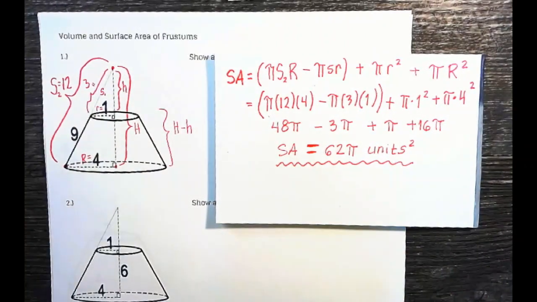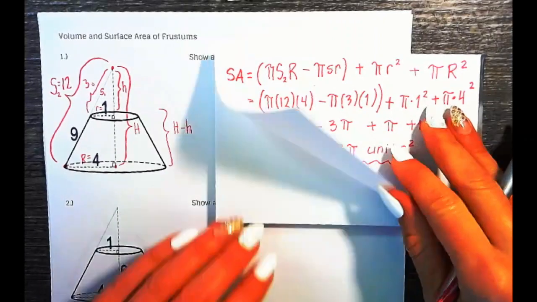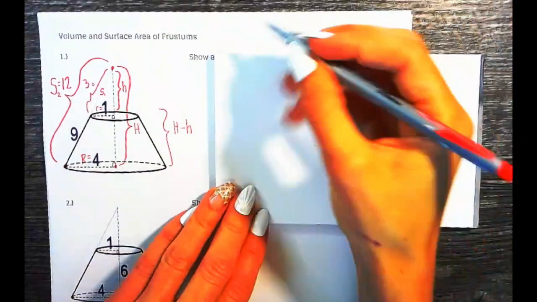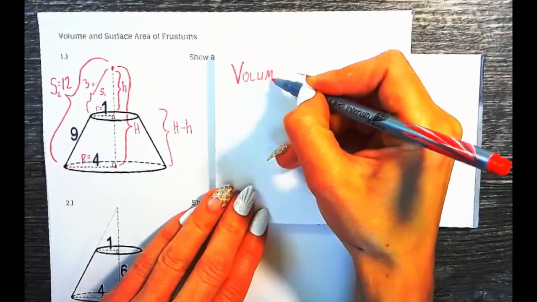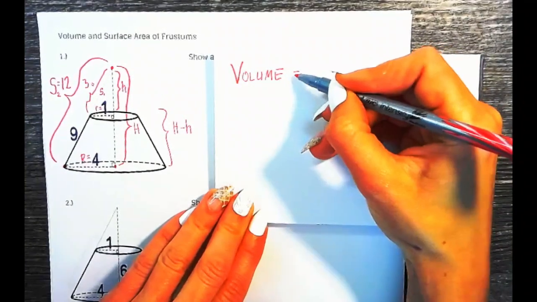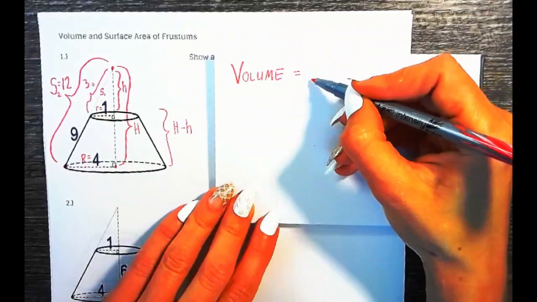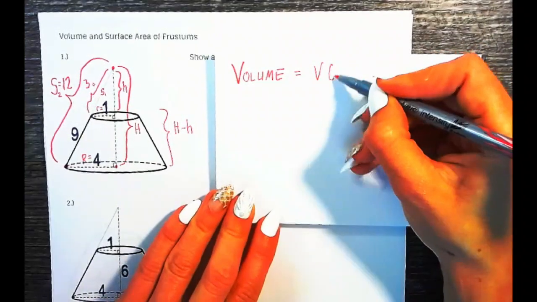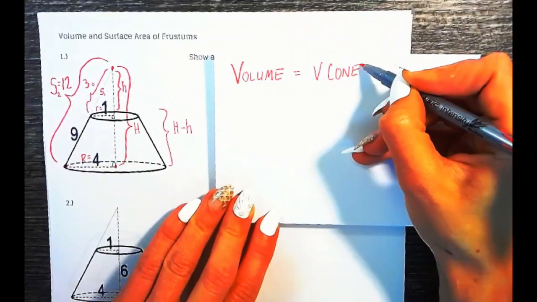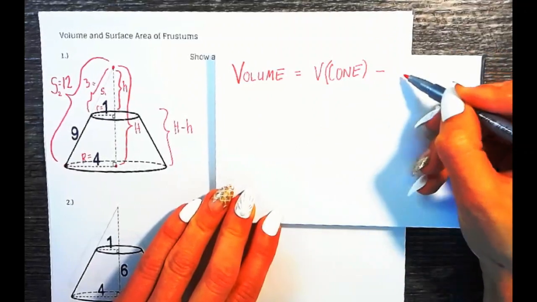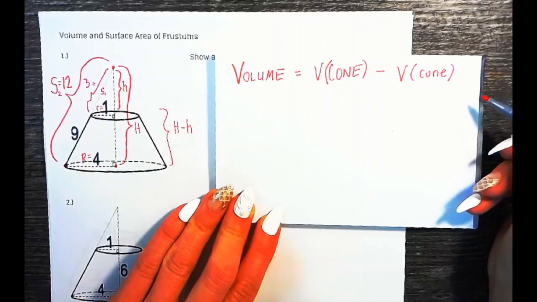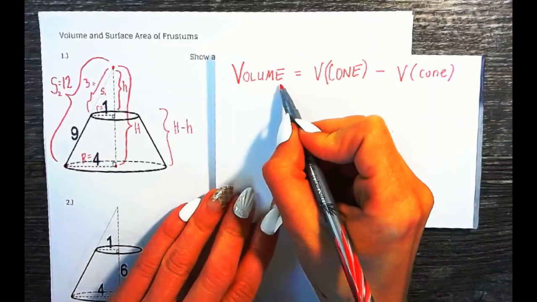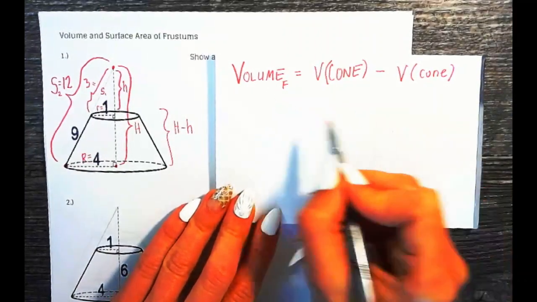Now, let's look at how you would do the volume. The volume of a conical frustum is actually a little bit easier. You're going to do the volume of the larger cone minus the volume of the smaller cone. So this is the volume of the frustum.